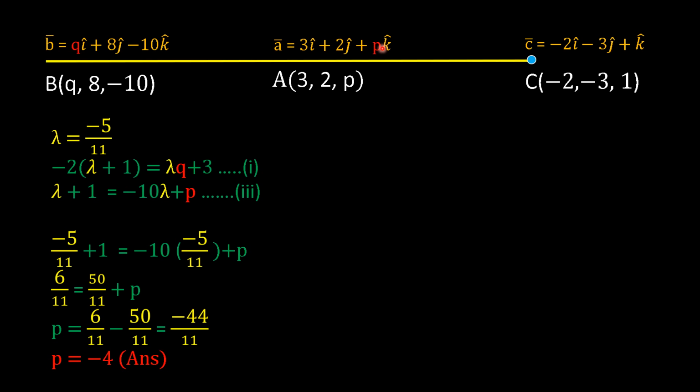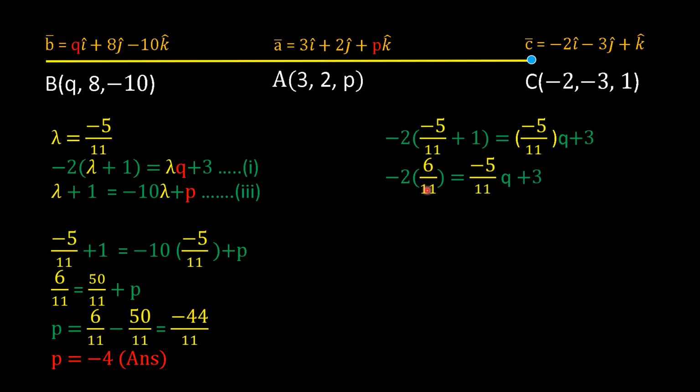Now we will substitute the value of lambda in equation number 1 in order to find the value of q. So in place of lambda we put minus 5 by 11 and in place of lambda here we put minus 5 by 11. The bracket gives 6 by 11. It will be minus 12 by 11.